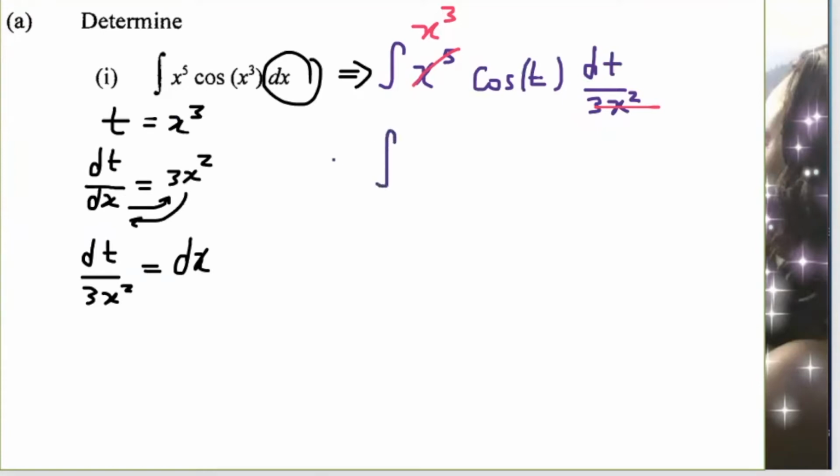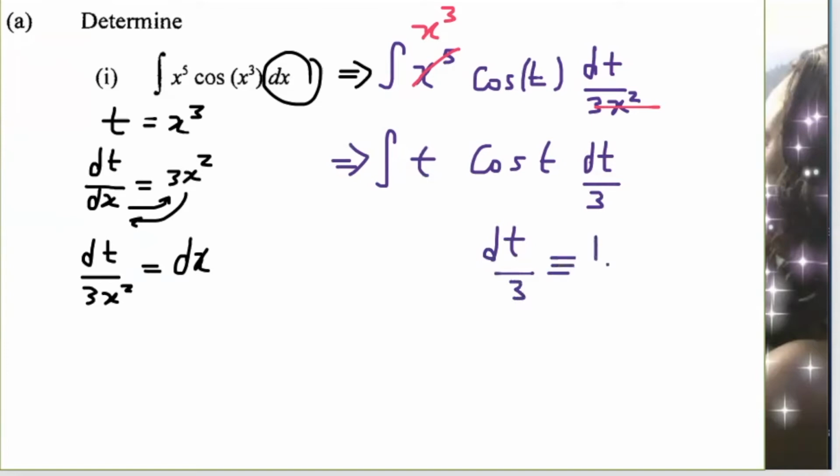So I can replace here with t. So I have the integral of t instead of x cubed, then cos t, and then I have dt over 3. So the 3 is not being cancelled. Now dt over 3, I can rewrite it as 1/3 times dt.